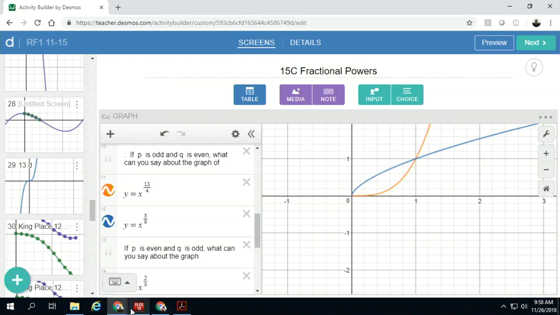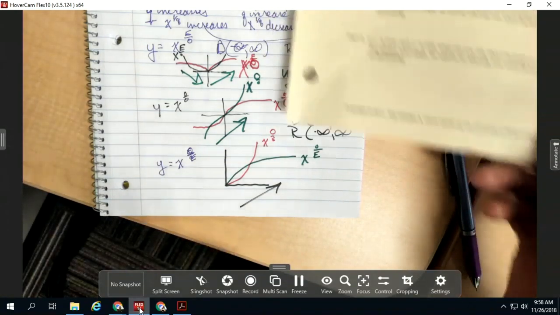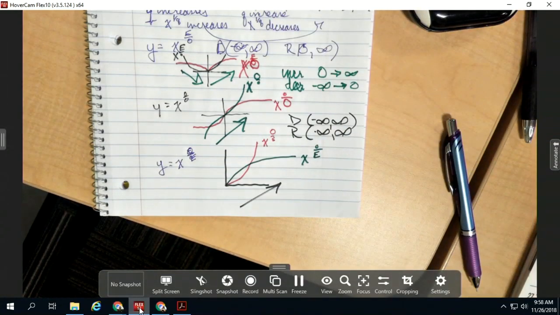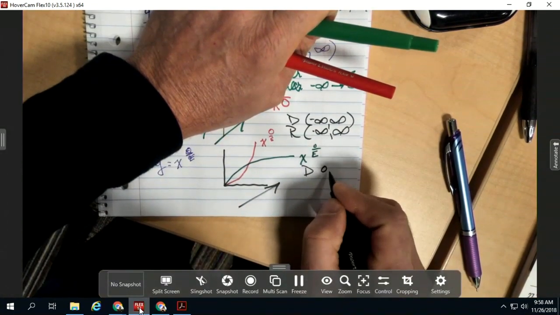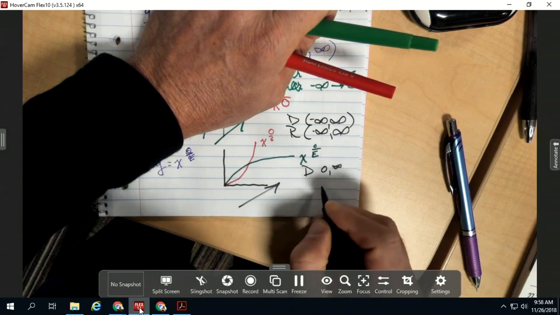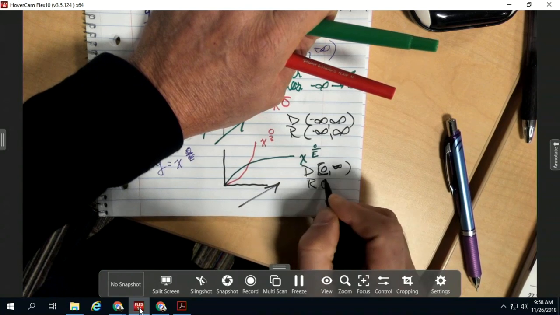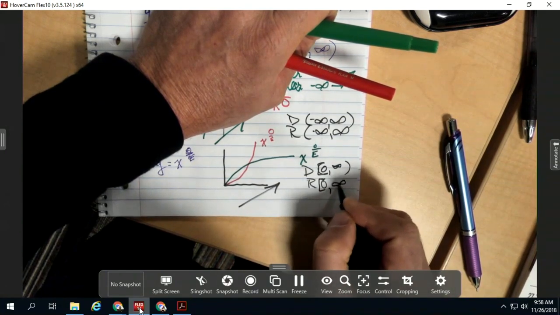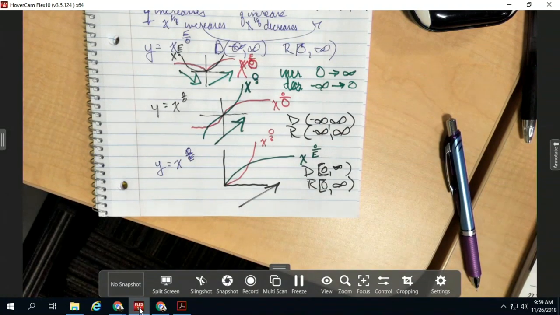In both cases, the function is always increasing. Oops, I didn't go to my notes there. Describe the domain and range. So the domain is 0 to infinity. The range is, actually, bracket 0 to infinity, and it's always increasing.